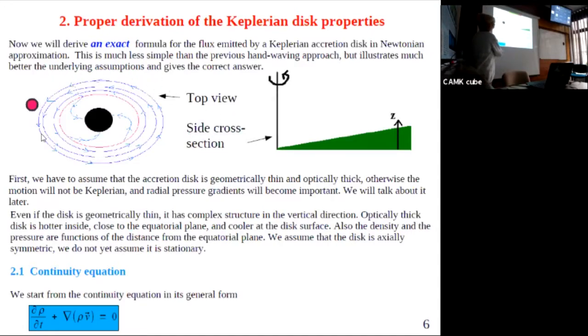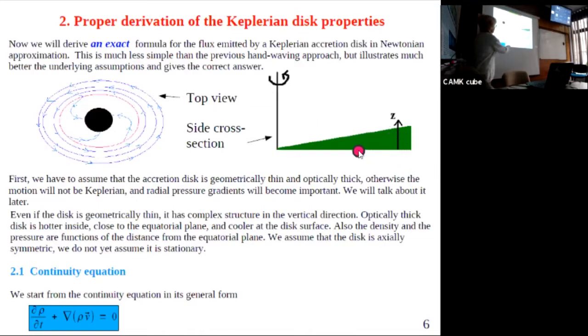But restating the equations, we have those circular orbits, this ISCO or marginally stable orbit. So this is a top view of the accretion disk. But we have to look also at the vertical cross-section of an accretion disk.